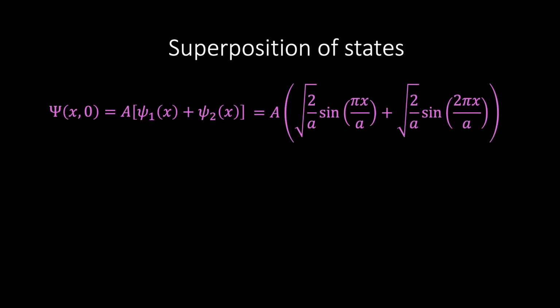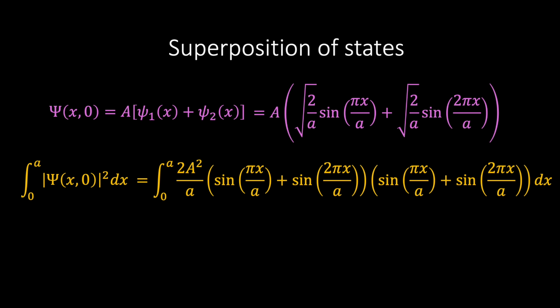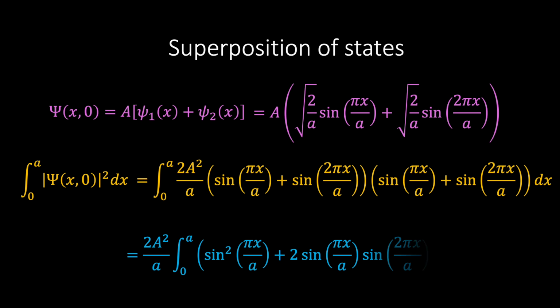Now, our first step is to normalize this wave function so that we can establish the constant a, and to normalize the wave function, we require the following relationship to hold true. If we substitute our expression for the initial wave function, we find the following yellow equation. And if we then multiply out the bracket, we find the following blue expression.